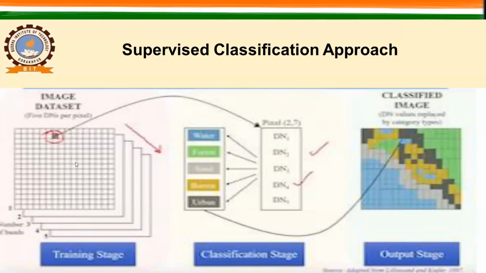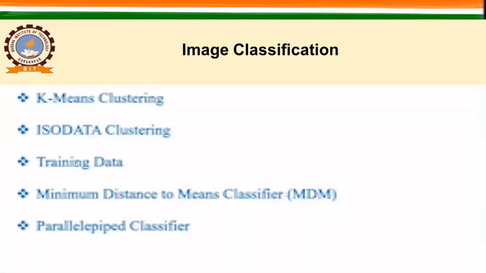उसके बाद मैंने आपको लास्ट लेक्चर में ये भी बताया था कि मैंने कवर किया था K-means clustering, then the second one was ISO data clustering. फिर in supervised classification I started with how we select or provide training data. So that we have already discussed.